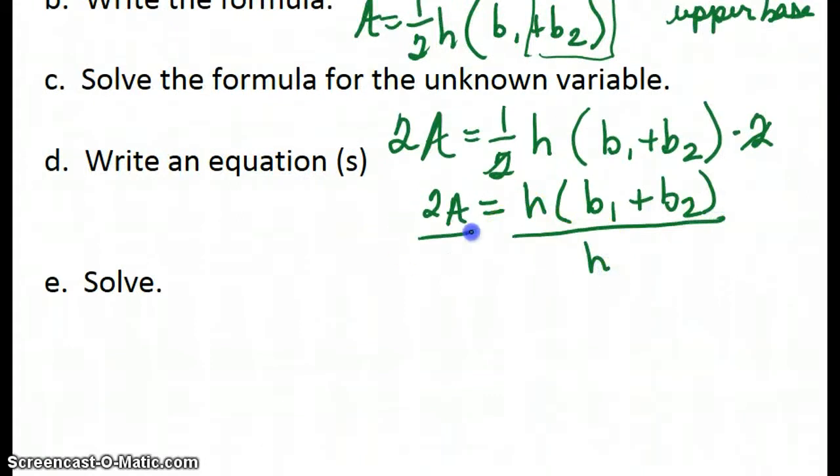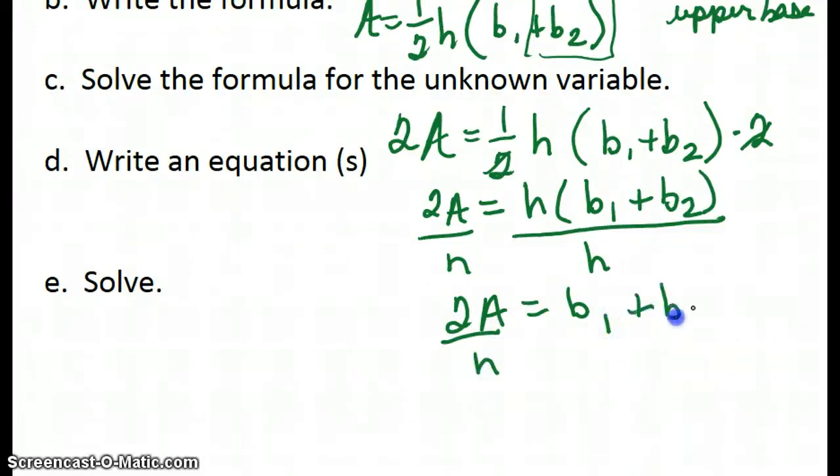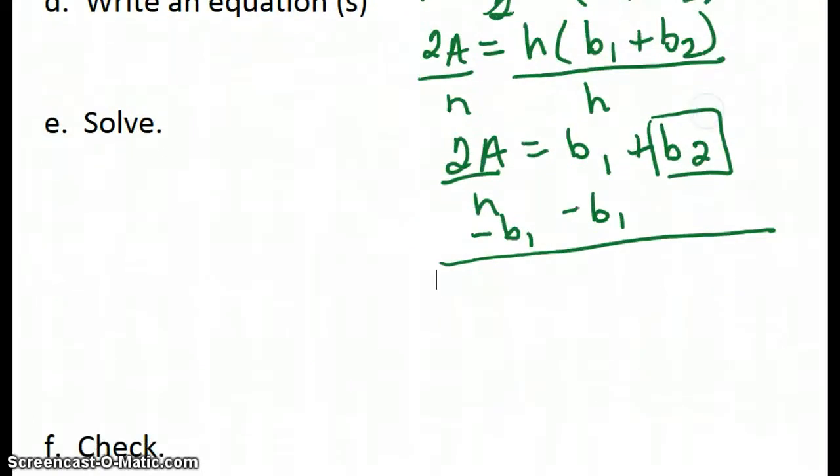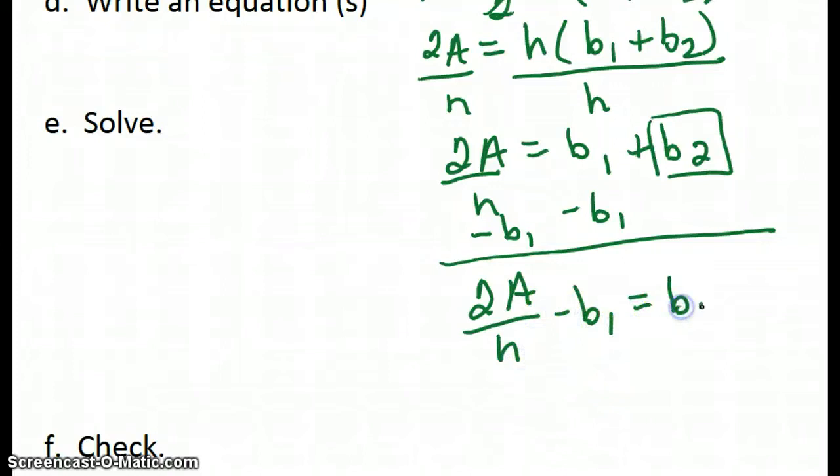I get that 2a over h equals base 1 plus base 2. And to get base 2 by itself, I'm going to subtract base 1 from both sides. And I get that 2a over h minus base 1 equals base 2.